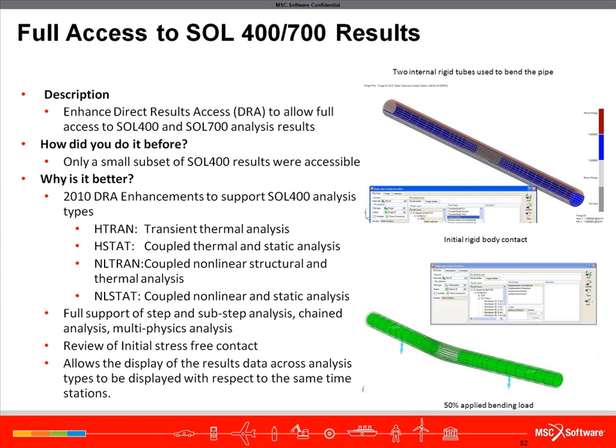Several enhancements have been made to provide full access to solution 400 and 700 results. We have enhanced the direct results access to allow for full access of these solution 400 and 700 analysis results. So in this 2010 release, the enhancements that are supported are for transient thermal analysis, the coupled thermal and static analysis, coupled nonlinear structural and thermal analysis, and coupled linear and static analysis.